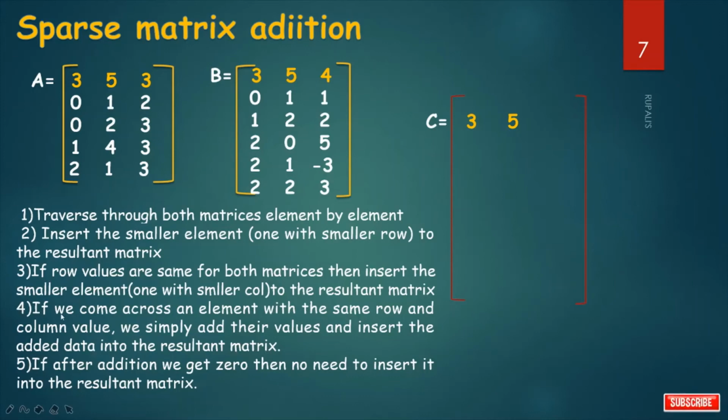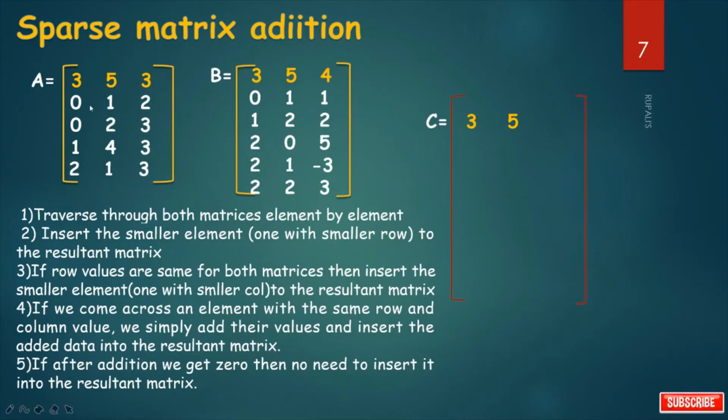So see this point, if we come across an element with the same row and same column value. First time, it is 0, 1 and 0, 1. So same row and same column value, then we simply add their values and insert the added data into the resultant matrix. So we have to add this value and insert the added data to the resultant matrix.